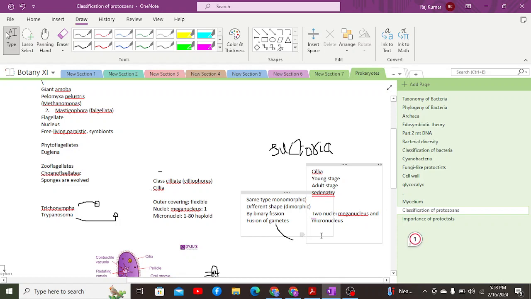Moreover, these also have two nuclei, macronucleus and micronucleus.